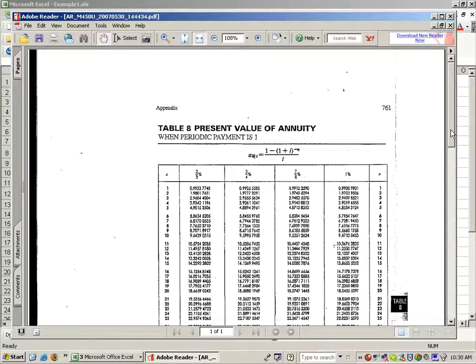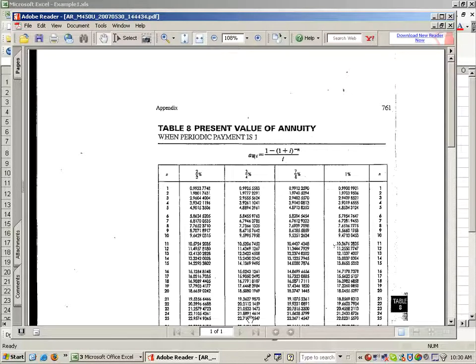Okay, here's the table. There's 3/4% right there. And if we look down right here in row 24, we see the number 21.88914614.